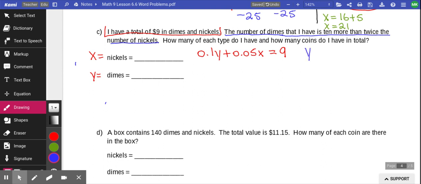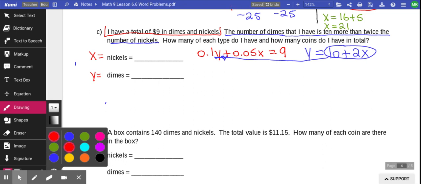I think I just said it was x, but it's y. The number of dimes I have equals, 10 more would be 10 plus, twice the number of nickels, 2x. That represents the number of dimes that I have is 10 more than twice the nickels, 10 plus 2x. I then can solve this, right? So I'm going to substitute this y into here.